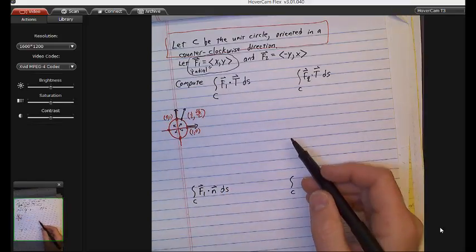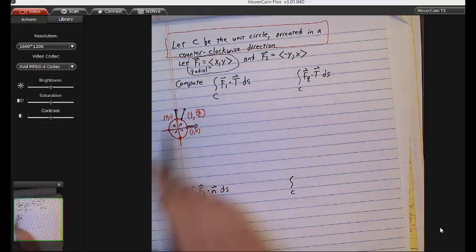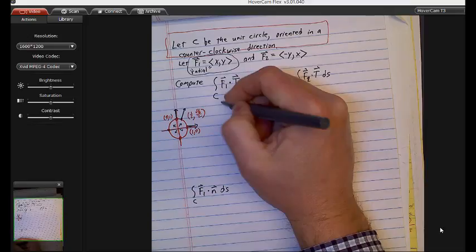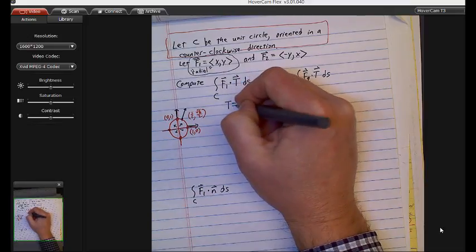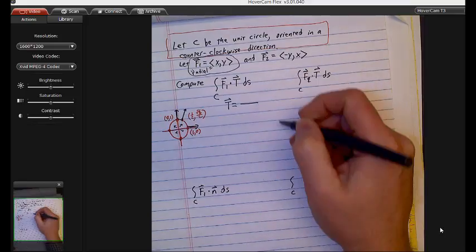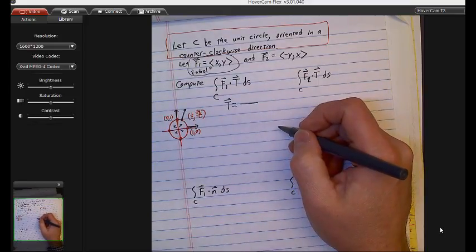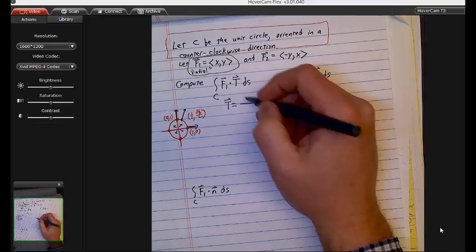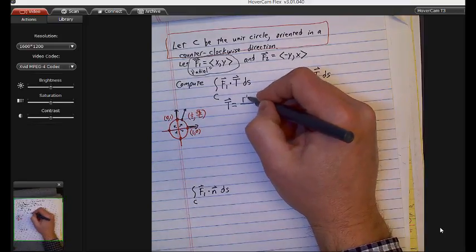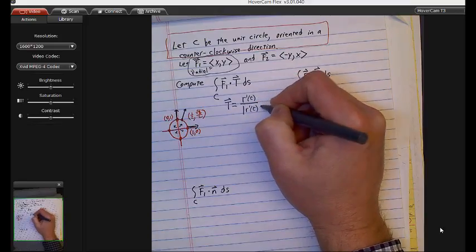And so in order to compute this, in order to compute t, I'm going to use the fact that in general t is equal to what? Well, the unit tangent vector. Yeah, I remember this: r prime of t over the magnitude of r prime of t. I remember this formula, right?